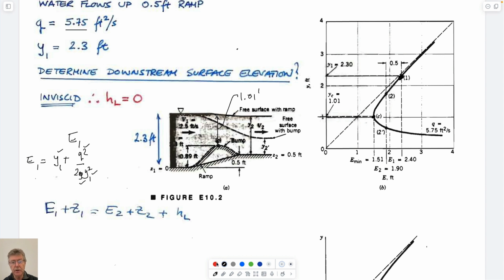So you can imagine going down the curve from this point as you go up the front of this ramp. You get to this point here, and then you're able to get to this final location, which would be at the same magnitude of energy, which would be a depth of flow that I can't read off, but this is going to be what y2 would be.